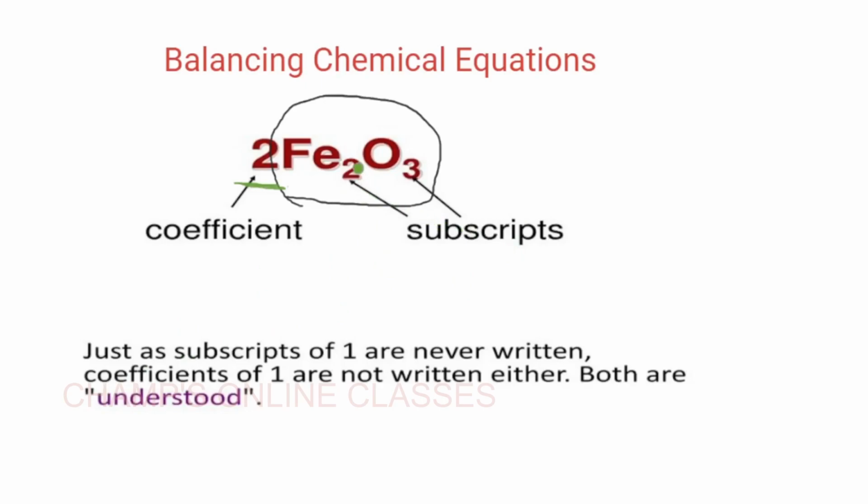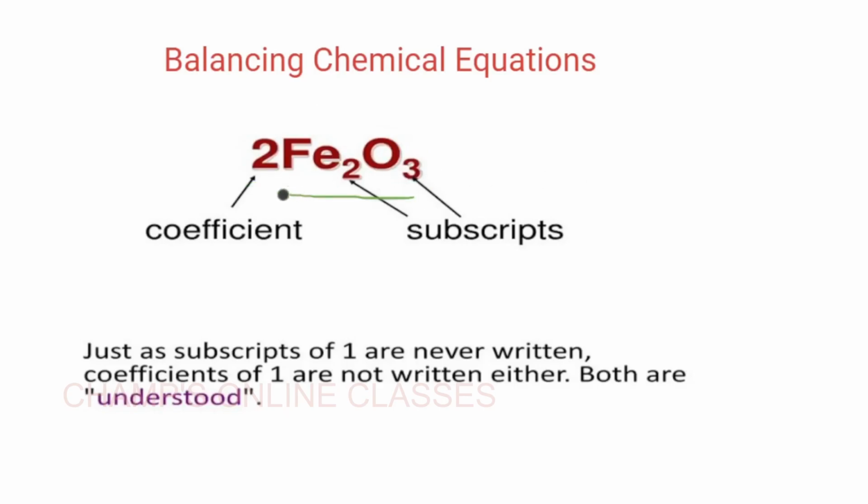And the subscripts are for individual elements. That is, 2 is for Fe and 3 is only for O. This 3 has nothing to do with Fe and this 2 has nothing to do with O. You will calculate the number of atoms. You will multiply this 2 with this Fe and this O both.